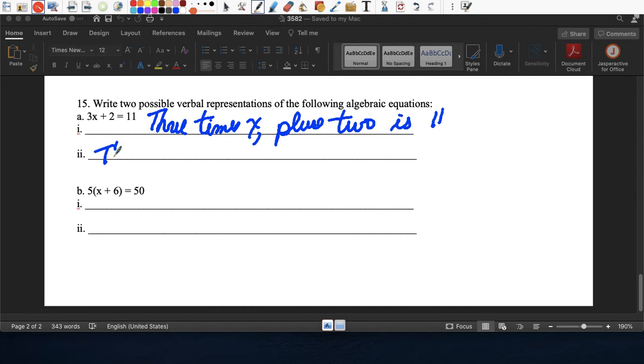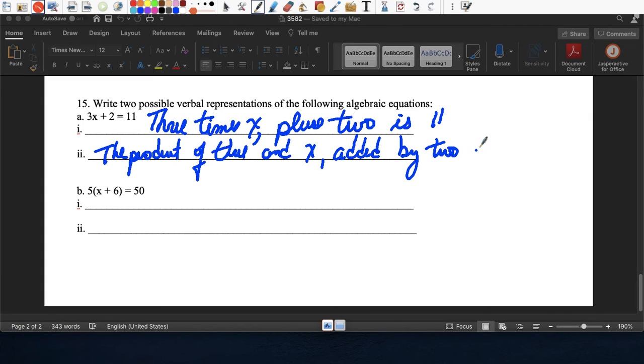We can say the product of 3 and x, right, plus 2, or let me use something else, added by 2 is 11.